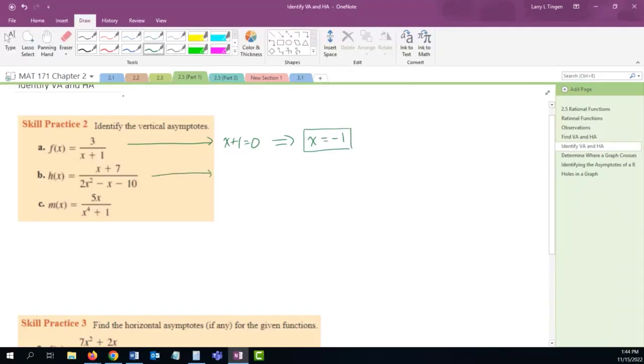For the second one, I need to see if this factors. Does this factor? Yes, it does. x plus 7 over... 2x squared is going to break down into 2x and an x, because that's the only way to get 2x squared.